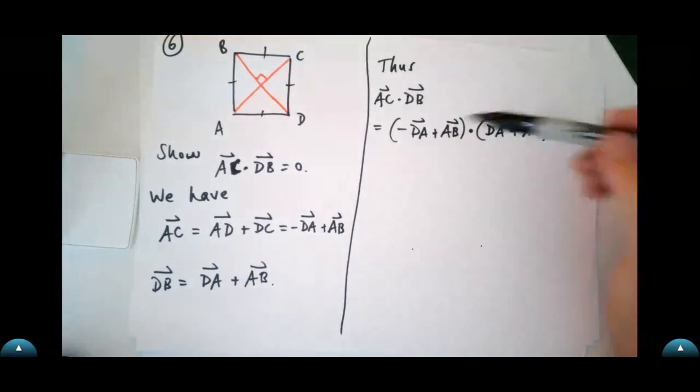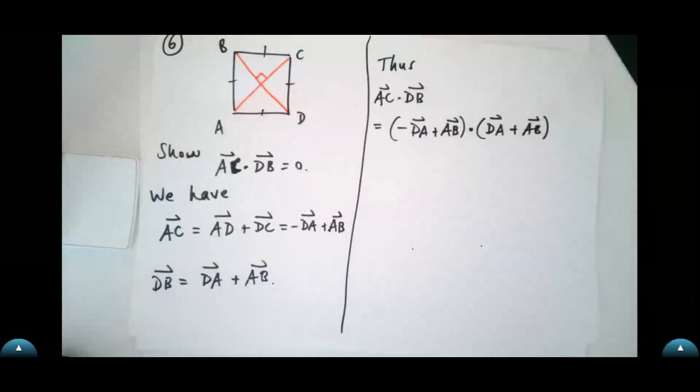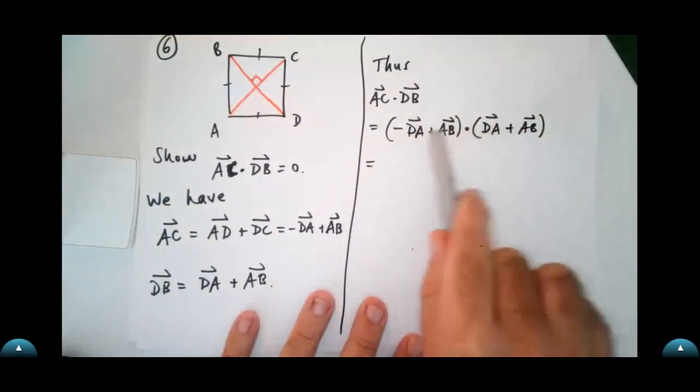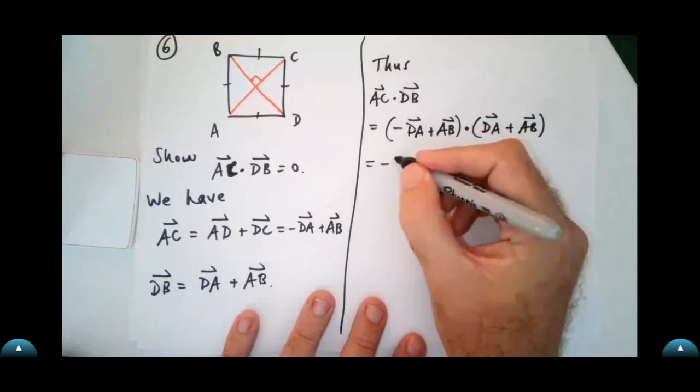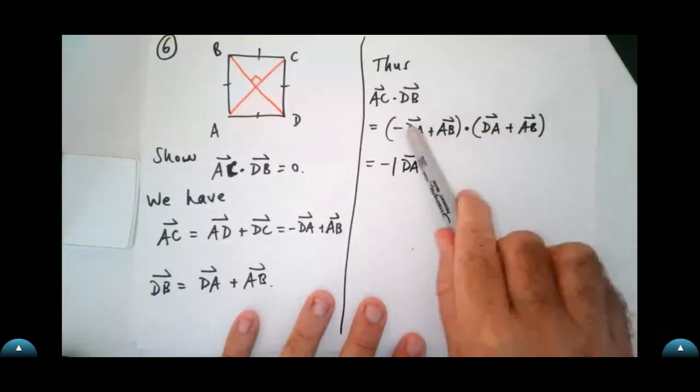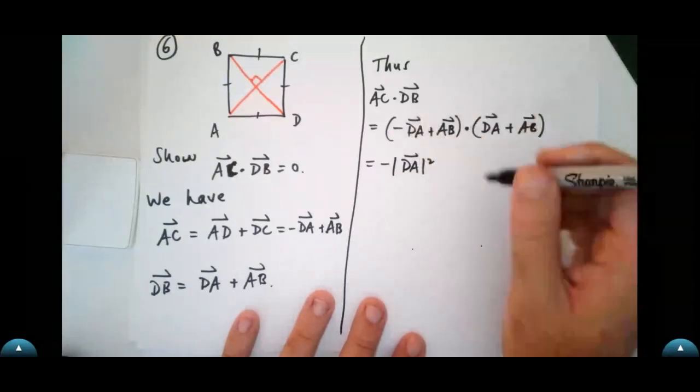And now we're just going to expand it like we would normally. If I have a vector dotted with itself, it's just the square of the length of that vector.